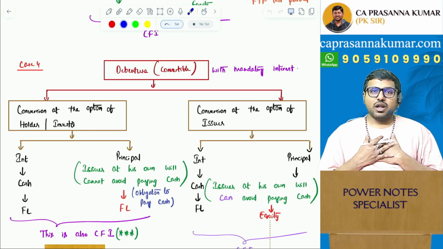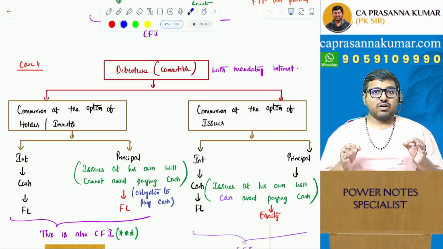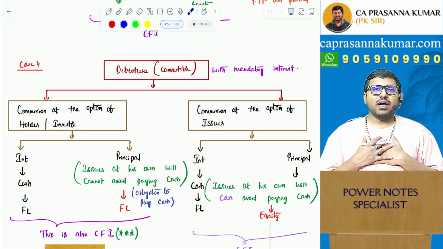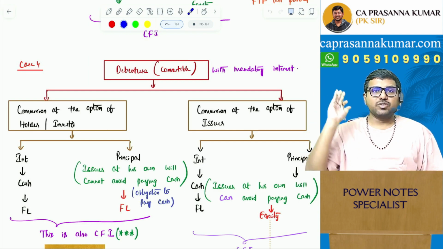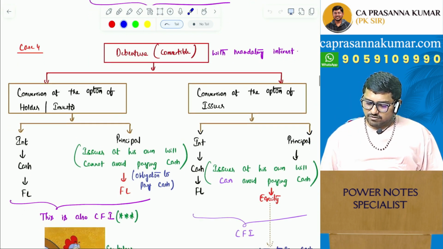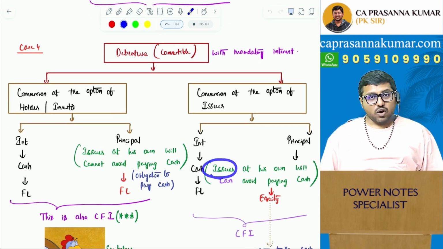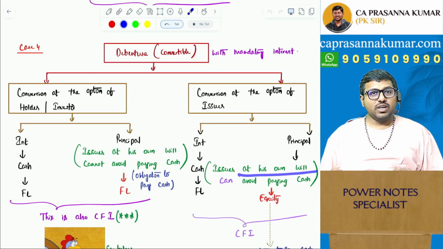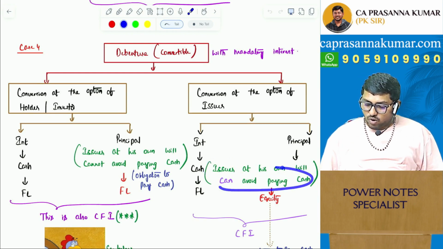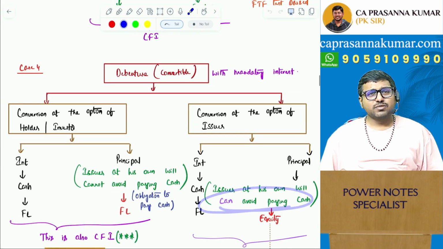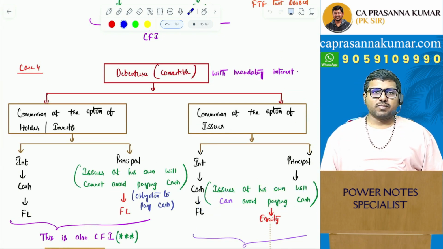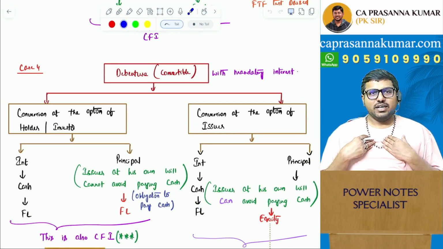Now you tell me, is there a real contractual obligation on behalf of the company that 100% it has to redeem the debentures? No. Because the issuer or the company, at his own will, according to his wish, can avoid paying cash. How can he avoid paying cash? By converting that into equity shares. It is within his control.